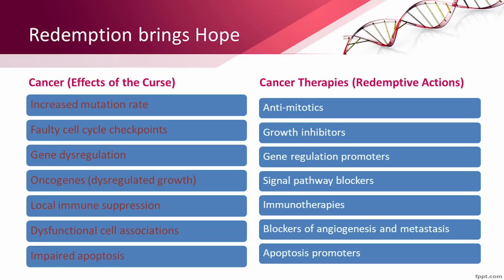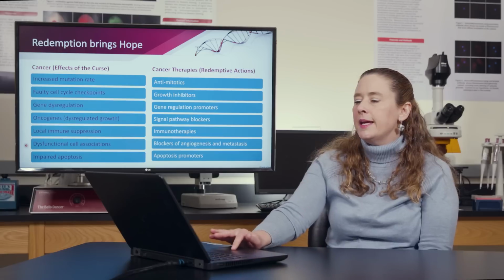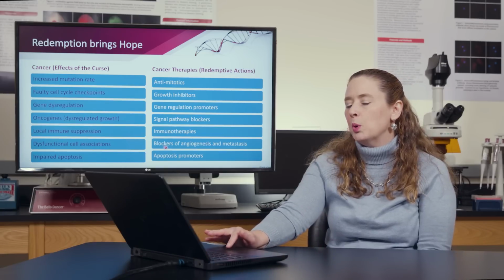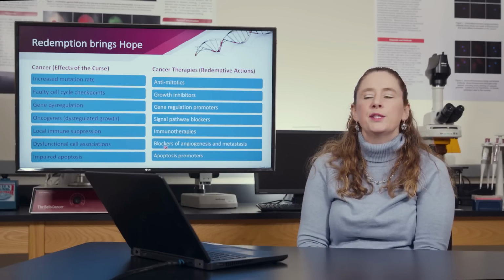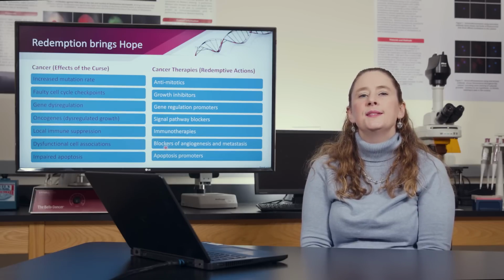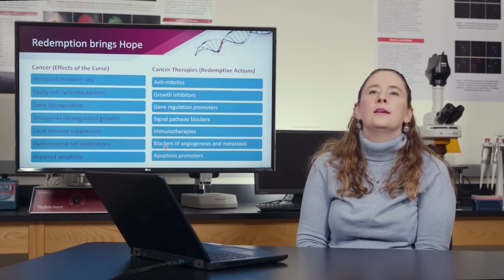Another example of the curse that is seen in cancer are dysfunctional cell associations. In normal tissue, cells of a given organ associate with each other, but do not associate with other tissues. In cancer, we see two examples of dysfunctional cell associations. The first of these is in angiogenesis.